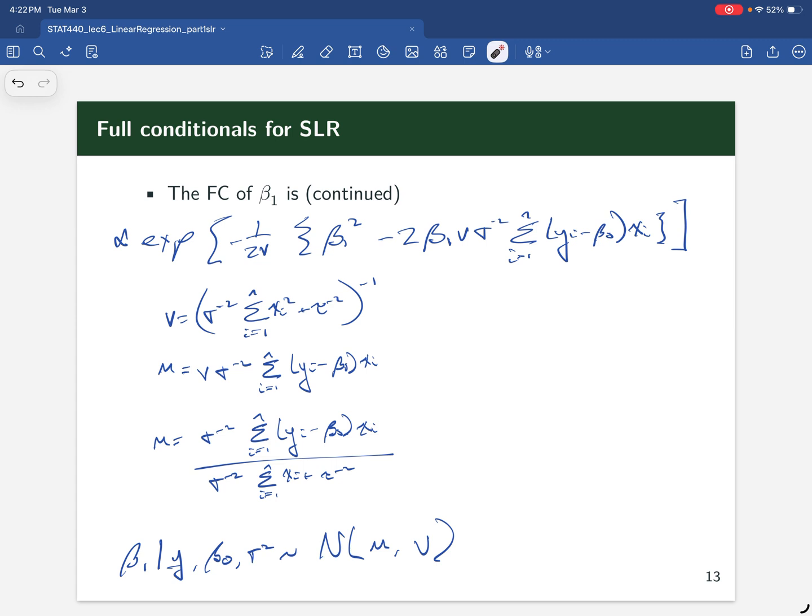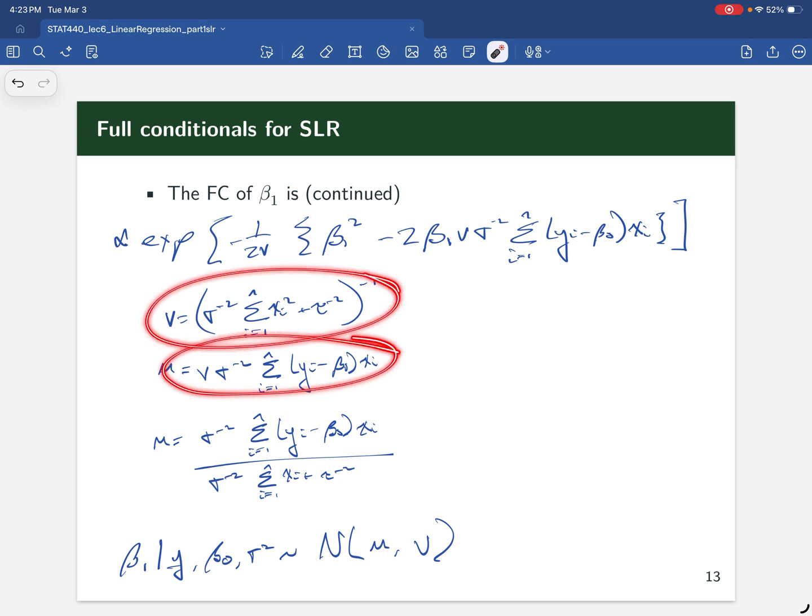And so everything in m and v are just numbers. If I look at v, sigma squared, well, you're saying that's not a number. That I don't know that, but in our Gibbs sampler, we have a current value for sigma squared. We have the explanatory variables, the xi's. Tau is fixed as a hyperparameter. Likewise, beta naught has a current value, and so this is just a number.